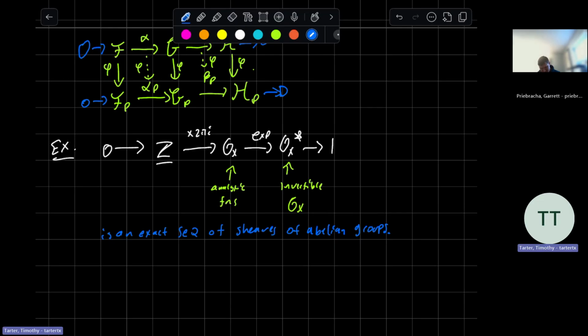And so, we've already showed, I believe, that this was exact. So we're sending functions from the constant sheaf to analytic functions.